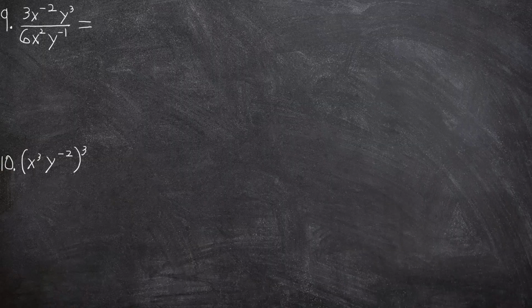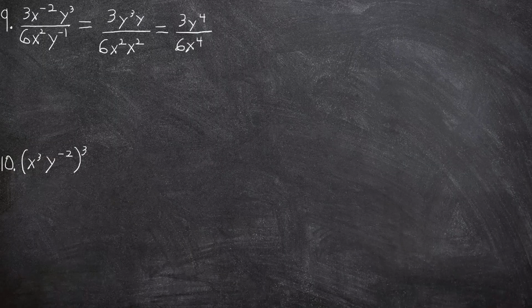But the exponents would no longer be negative, meaning we would write this as 3y cubed times y over 6x squared times x squared. And this would equate to 3y to the 4th over 6x to the 4th.